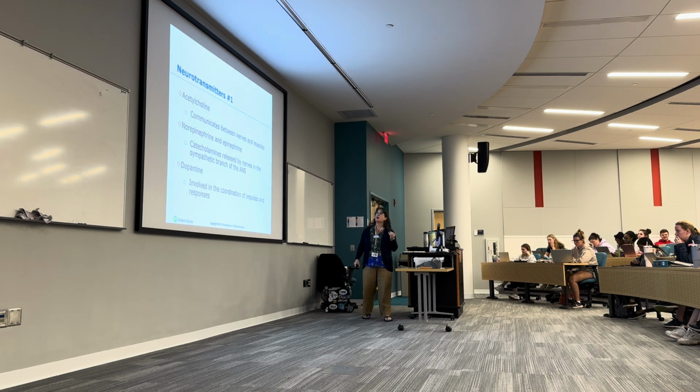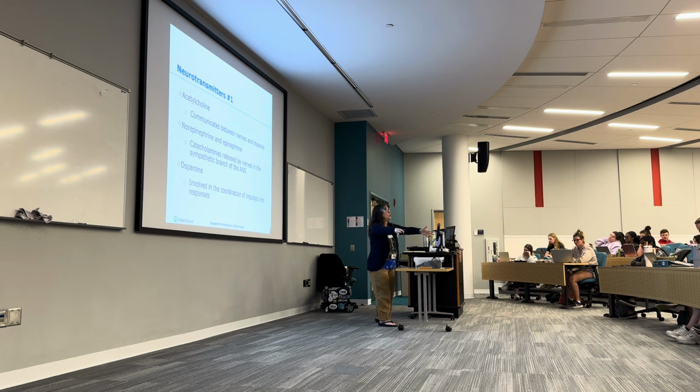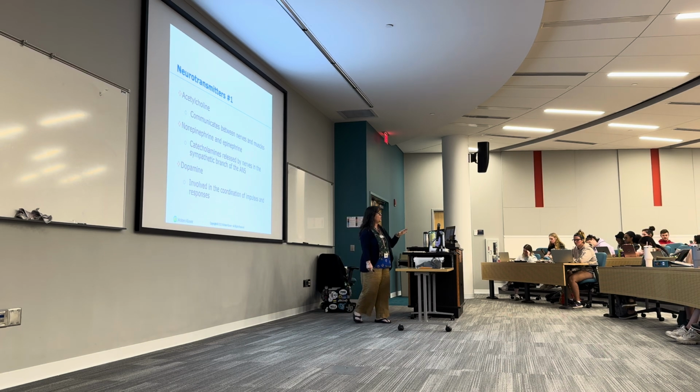So let's talk just about our neurotransmitters. This is just nice to know, to understand the need to knows. So we've got acetylcholine. It communicates between nerves and muscles, and that's the one that helps us physically move. Then we have norepinephrine and epinephrine, the two cats, meow, the two catecholamines.